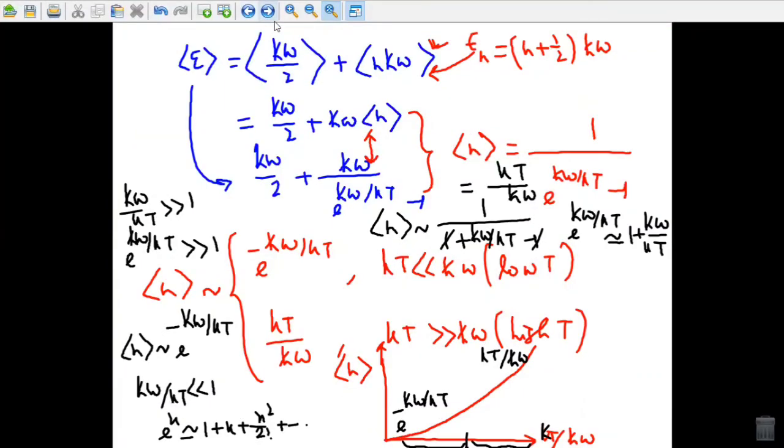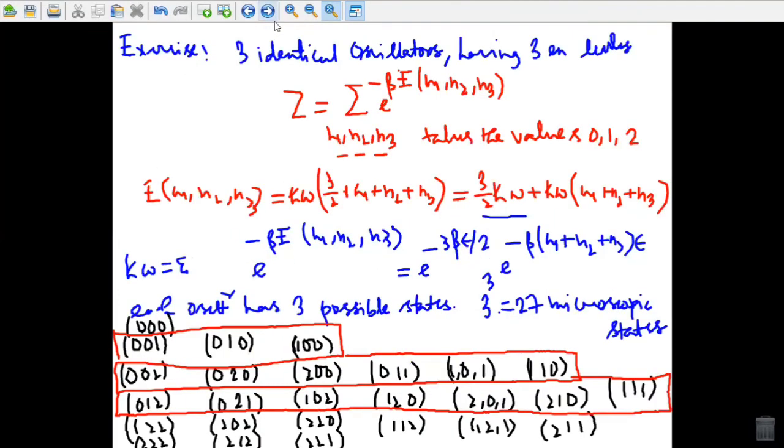So how do I approach? The partition function in our example is obtained from this equation: Z is equal to the sum of e to the power minus beta E(n1, n2, n3), where each of the summation variables, that is n1, n2, n3, takes the values 0, 1 and 2.